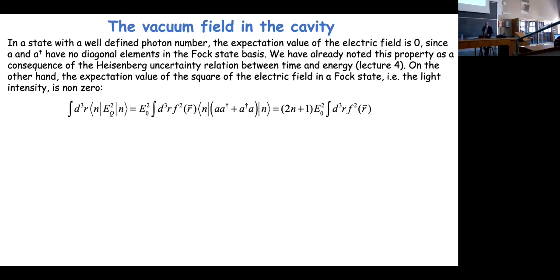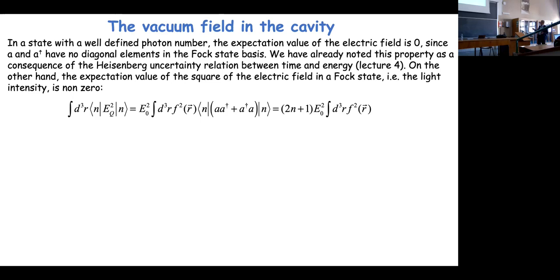So what should you do to find a non-zero value? You take the square of the electric field, which is the intensity. The light intensity is proportional to the square of the electric field. And in the square of the electric field, you find A A dagger plus A dagger A. And this quantity has a non-zero value in an n state. In fact, it's 2n plus 1. So you find that the square of the electric field is non-zero even in vacuum, because if you take n equals 0, you still have this one here.